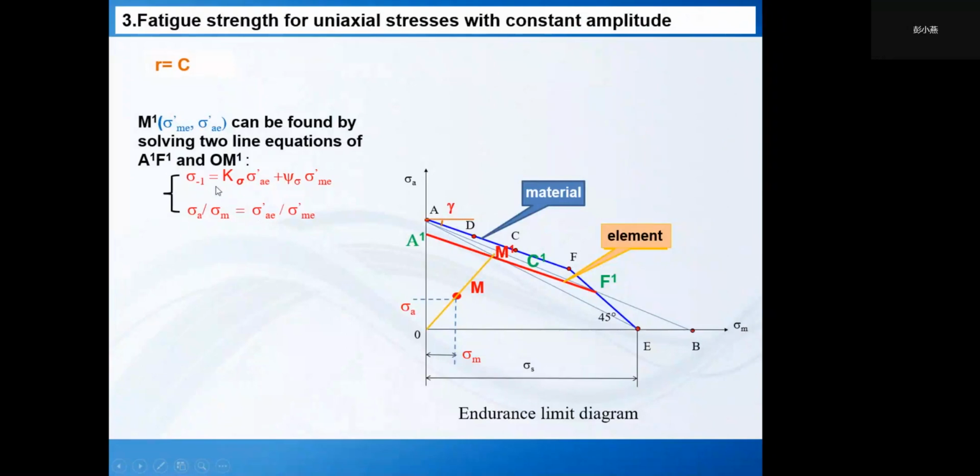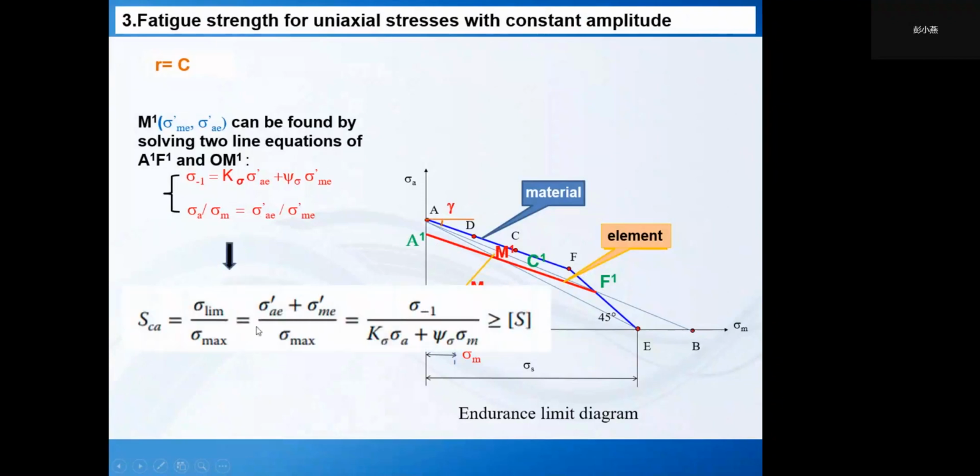Okay, and this is the equation for line A1 F1, and this is the equation for line O M1, and then we have this safety factor.